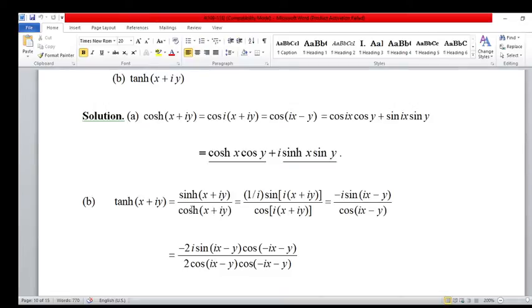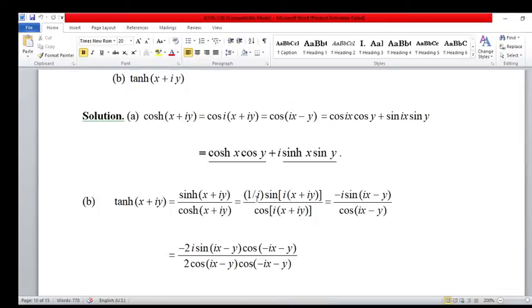Now this is another method applied here. Here the cos hyperbolic is converted into cos of i times x plus iy, and sin hyperbolic is converted into sin of i times x plus iy, so this is the 1 upon i.